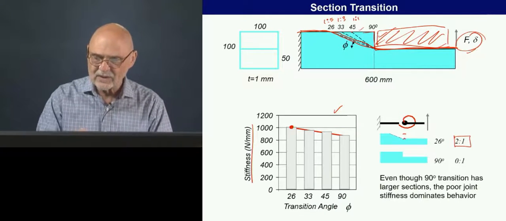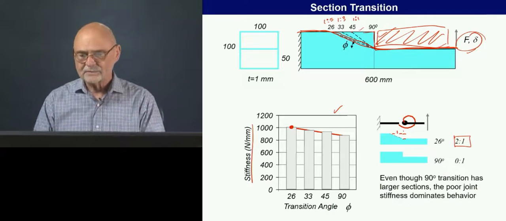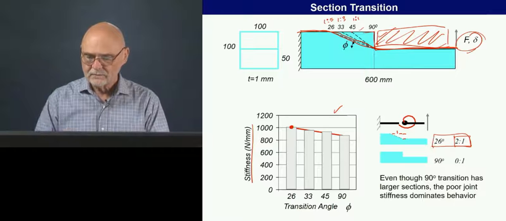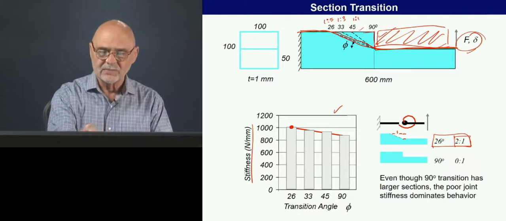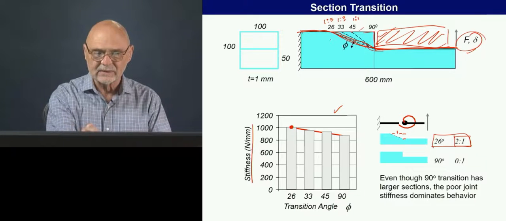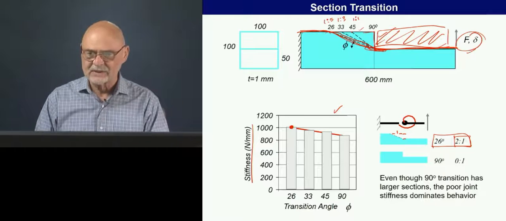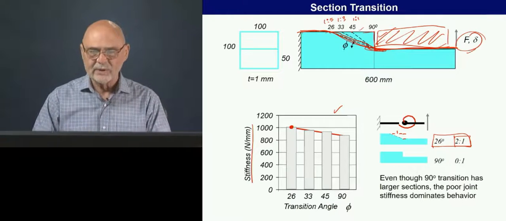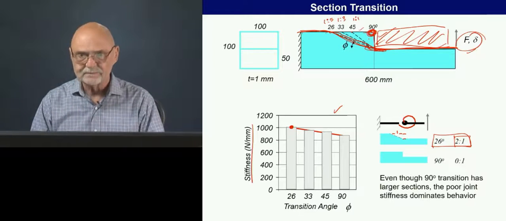So for every unit up here, I go over 2 here. Okay, so that would be the recommendation for what is a smooth transition, and you don't want sharp corners either. You want to radius these things, and that will give the best performance because we've minimized the effect of this added joint.